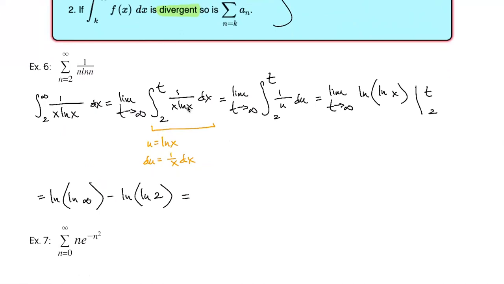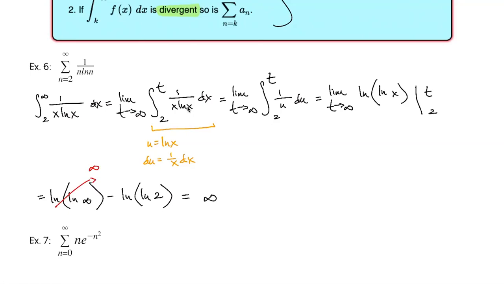And let's see what happens. Natural log of infinity goes to infinity. So that natural log of infinity, this whole first term, goes to infinity, which means that infinity minus a number is still infinity.